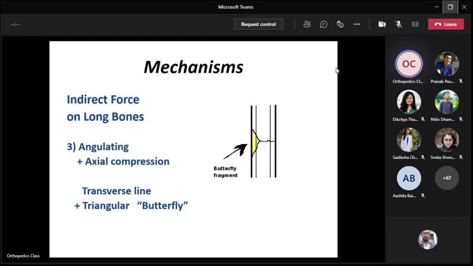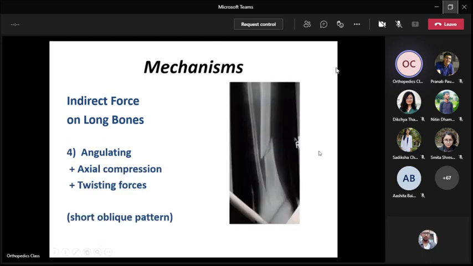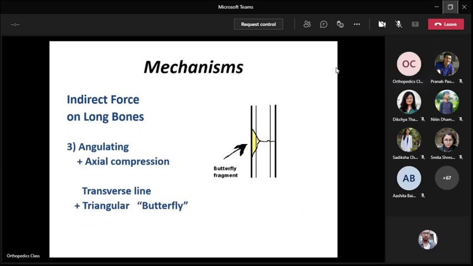So when there is angulation as well as axial compression, something which is coming from top to bottom, that type of fracture will produce a transverse fracture line as well as a butterfly fragment in between. You can see there is a butterfly fragment and a transverse line going through.